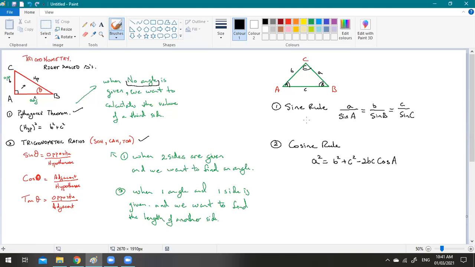So when do we use the sine rule? Use the sine rule when two angles and one side are given, to find the third side, or two sides and one angle are given, to find the next angle.